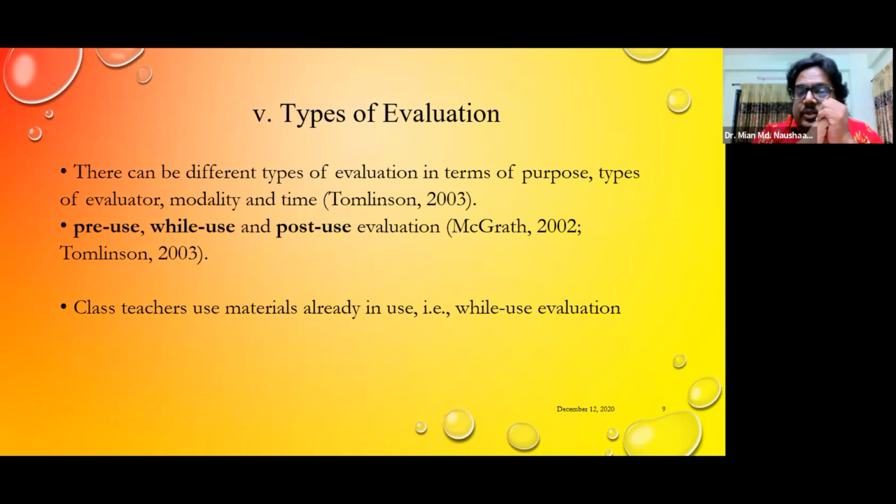So now, depending on our knowledge of these four issues, we can talk about the types of evaluation. Even though there are many ways of classifying evaluation, the most popular kinds are presented here.